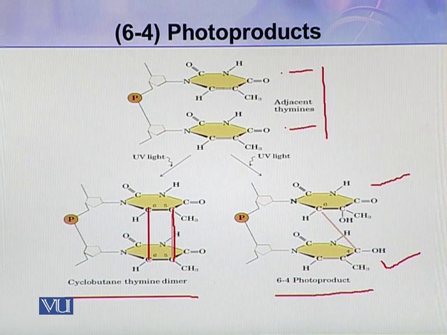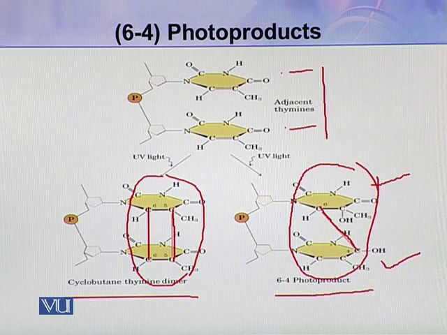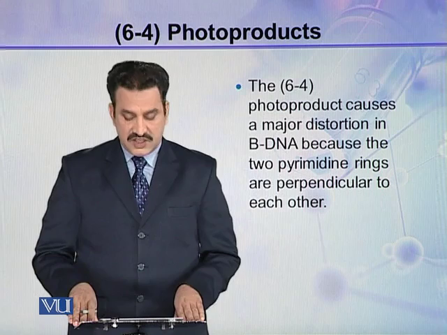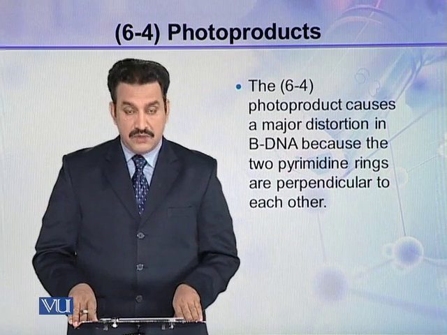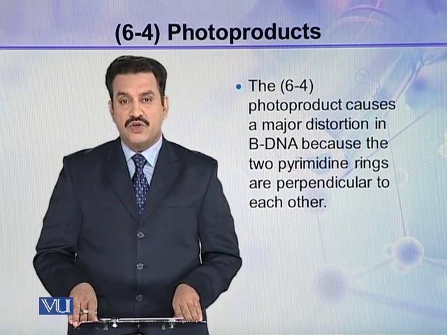So this bond is formed between carbon number 6 of one thymine or any pyrimidine and carbon number 4 of the other pyrimidine. In this way, by the formation of this bond, a dimer is formed. So both these are dimers, but the mode of formation of these dimers is different. The 6,4 photoproduct causes a major distortion in B DNA because the 2 pyrimidine rings are perpendicular to each other.